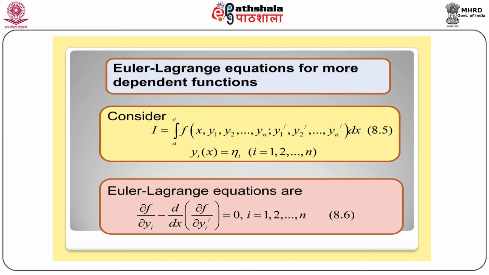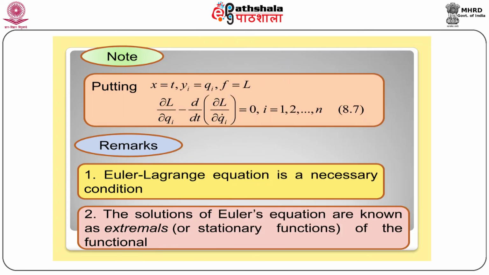We get here n number of equations. If we put in the above equation x equal to t, y_i equal to small q_i, where q_i are the generalized coordinates, and small f equal to capital L, which is the Lagrangian of the dynamical system, then the previous equations, that is 8.6, take the form ∂L/∂q_i minus d/dt of ∂L/∂q̇_i equal to 0 for i equal to 1 up to n.